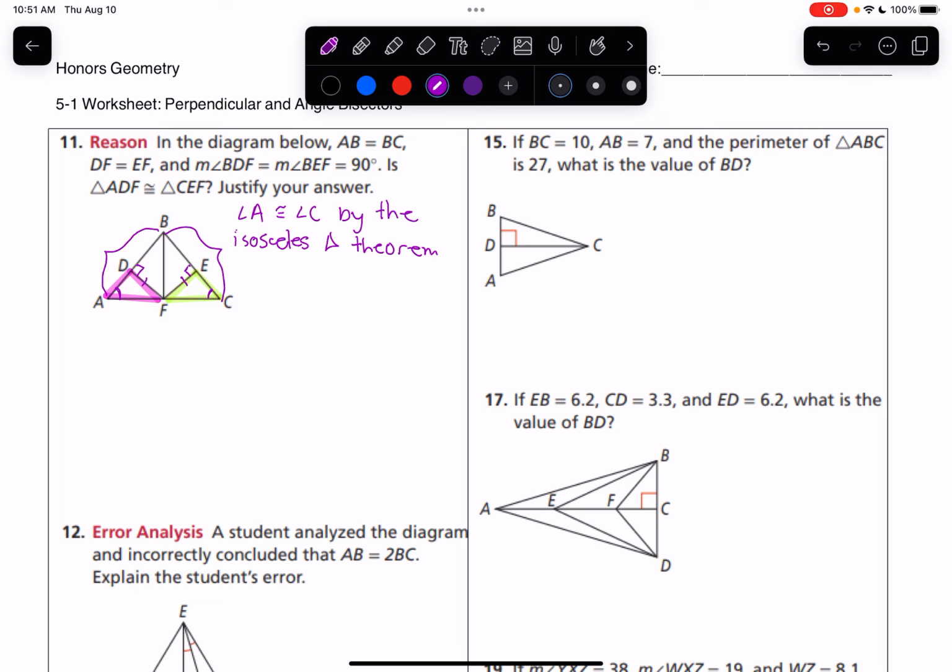Okay? And I'm noticing that the right angle here is going to mean that there's also a right angle here, right? And there's a right angle over here, which means there's also a right angle at CEF.